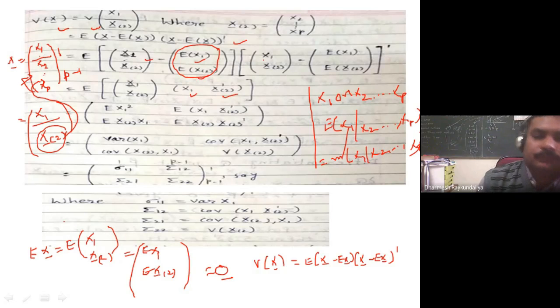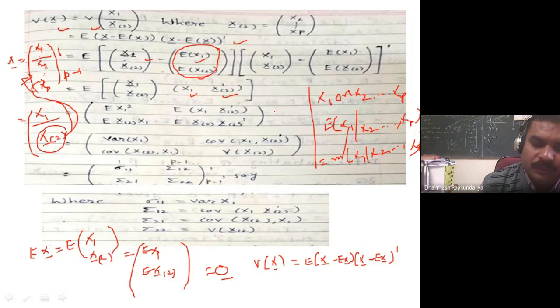Now x1 multiplied with x1 gives x1 square. If x1 is multiplied with x2 transpose, it is x1 x2 transpose. Here it is x2 x1 and here x2 x2 transpose, and the expectation is outside, so if we take it inside, it is the expectation of x1 square, expectation of x1 x2 transpose, expectation of x2 x1, and expectation of x2 x2 transpose. So what is the order of this matrix?